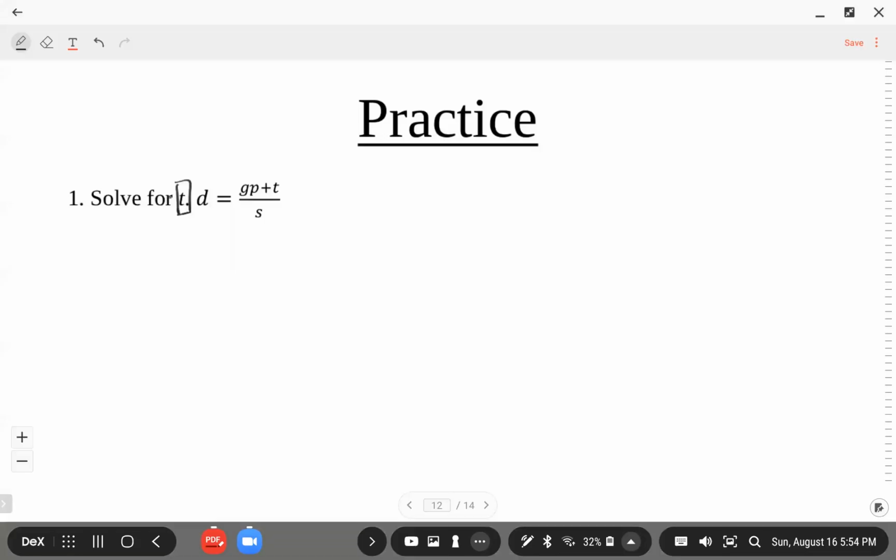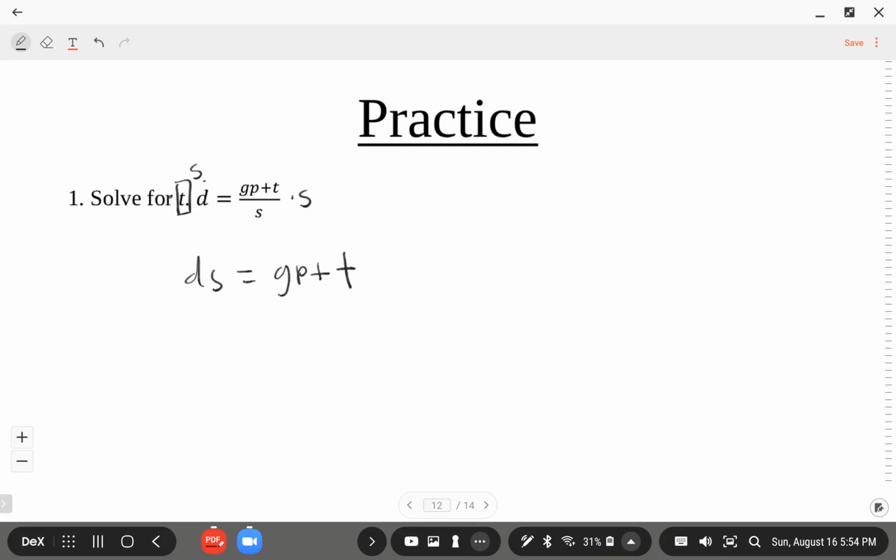Let's solve this. Let's isolate t on the right-hand side. First we need to get rid of this s. We multiply s on both sides, and then we get ds equals gp plus t. We are one step away from the answer.